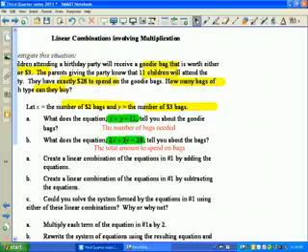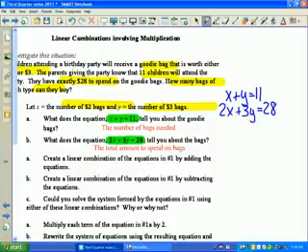So if I want to solve those equations by adding, reflecting back onto your notes, do I have my x's and y's lined up?